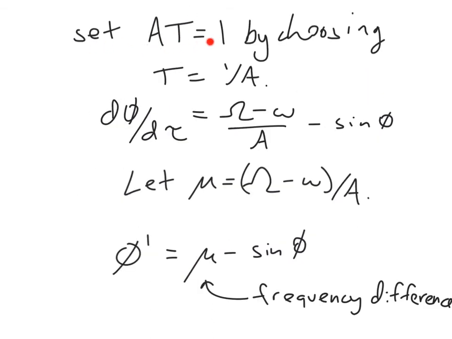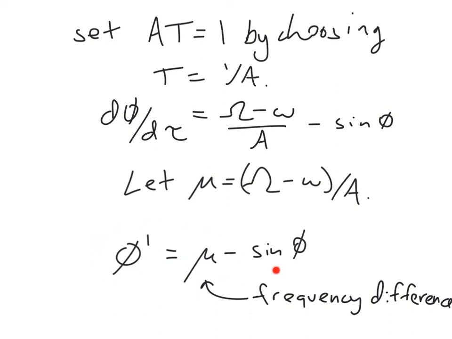So we're setting A T to 1 by setting T equals 1 over A, and that results in this equation where now sine phi has no parameter in front of it, and the only parameter in our system is this difference in natural frequencies divided by A. So we're going to give that a parameter name. This is the parameter mu, and mu is proportional to the frequency difference between the two oscillators.